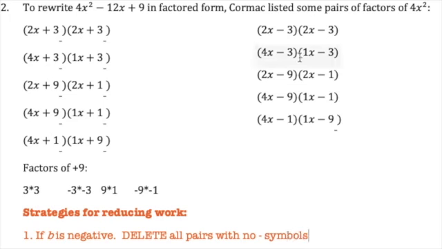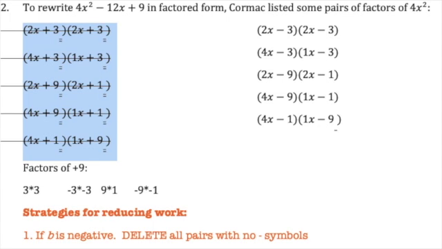That gets rid of a lot of them, because since this 12 is negative, I'm not going to get there with a bunch of positive numbers. So I can strike through this entire column. Since B is negative, I can get rid of everything where there's no subtraction symbol. That's going to help you out because we already got rid of 5 of our 10 combinations.